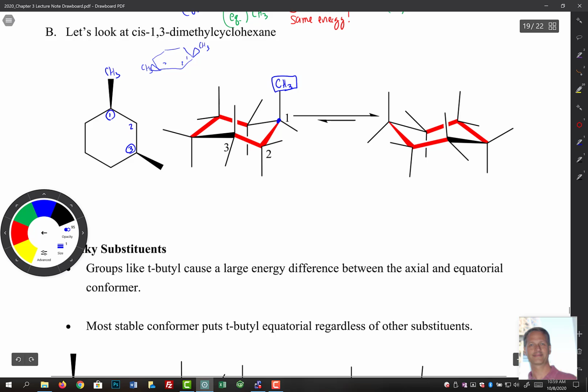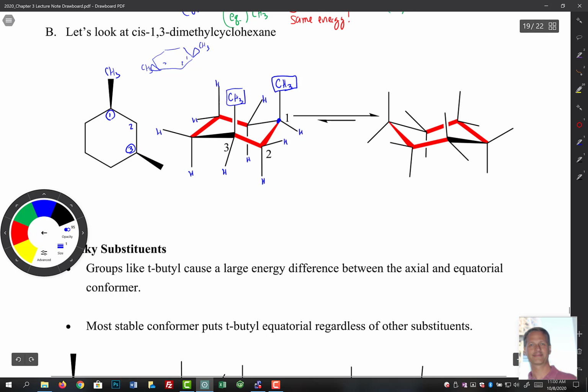So 1, 2, 3, that means that CH3 needs to be right there because now they're cis to each other. Right? And then we're going to put H's in everywhere else. And there's a pattern to this: axial, equatorial, and cis and trans. It depends on which carbons you're comparing. So I don't like to memorize things, so I just put them in to figure it out.